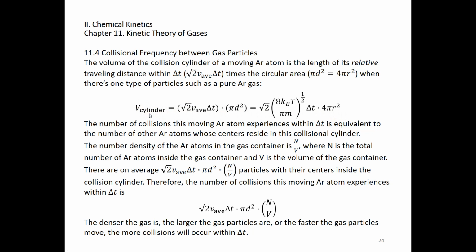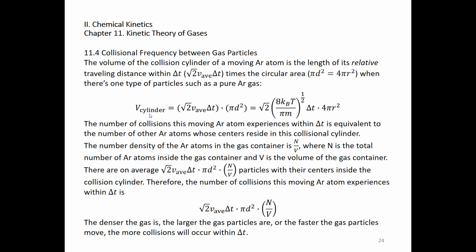Now, why do we need the volume of this collision cylinder? Well, it's just because it is difficult to count the number of collisions, but it's easier to calculate the number of argon atoms with their centers inside the collision cylinder. How do we do that?